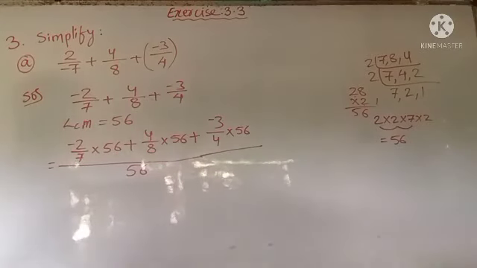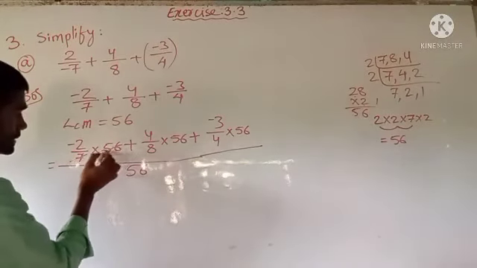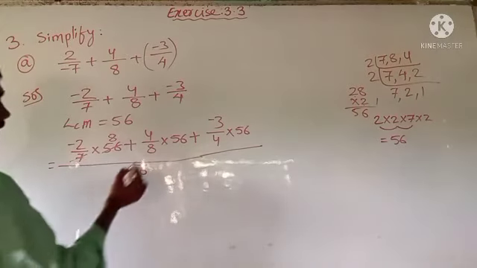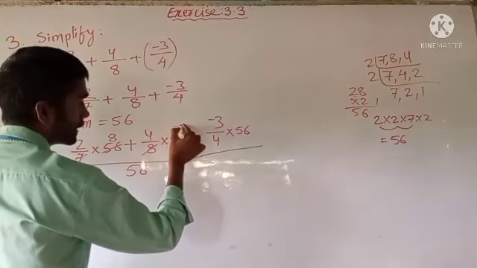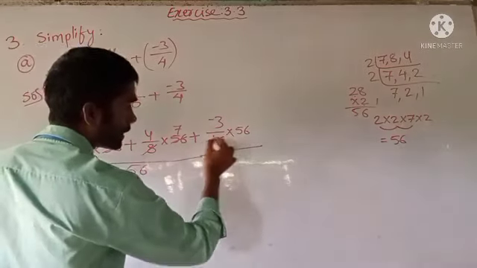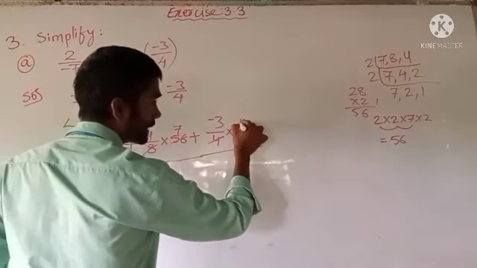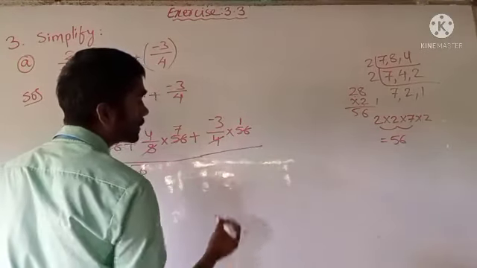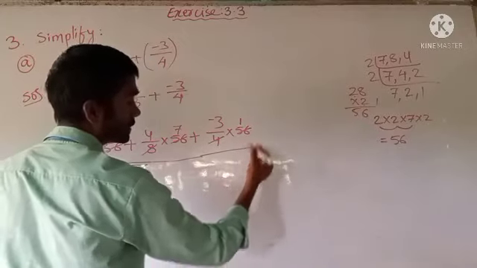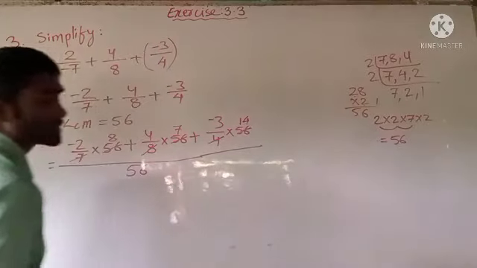Now we will cancel. 7 into 8 is 56. Now again 8 into 7 gives 56. Now 4 and 56. 4, 1 time it is 4. 5 minus 4, 1. That one is carried here. So 16. 4 times 14 it is 56.